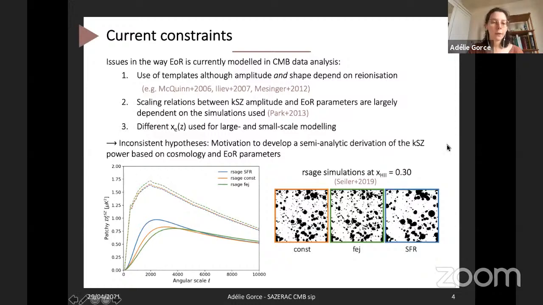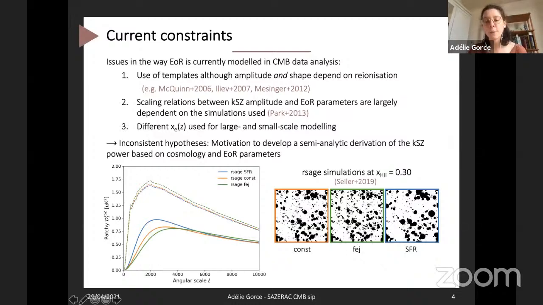As an additional motivation, I show here the example KZ power spectra you get for 3 simulations of reionization. They correspond to different prescriptions for the escape fraction of ionizing photons from the host galaxy. In one case, it's constant, equal to 20%, which is roughly the fiducial value.